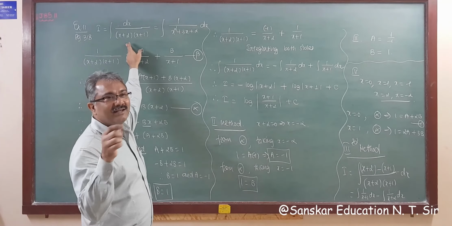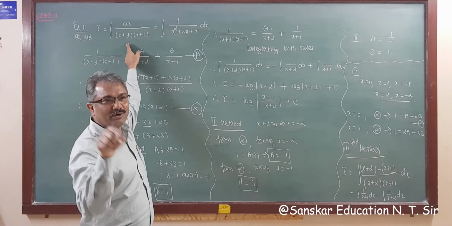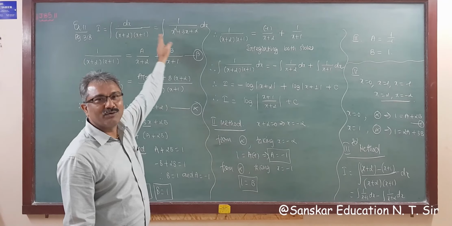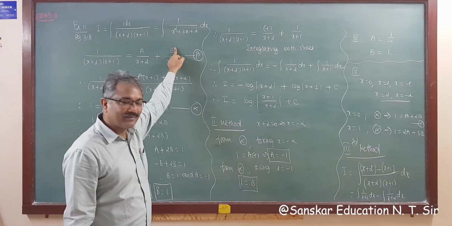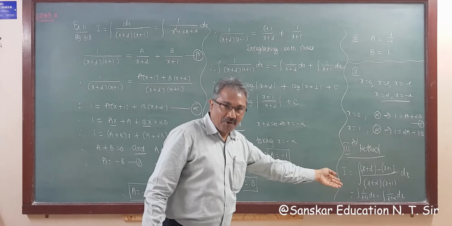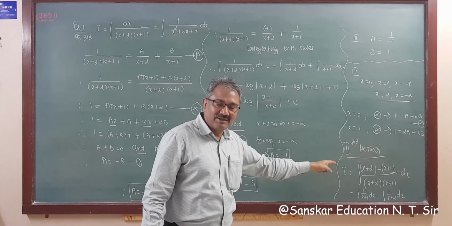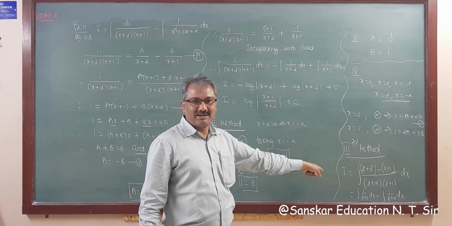If it is not stated in the question to use only the partial fraction method, then you can go for this method or that method, and I hope you will practice this type of method.